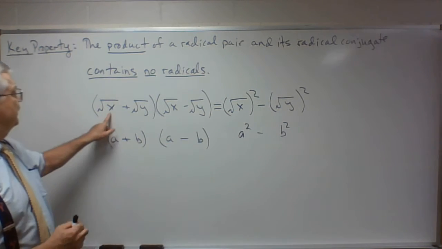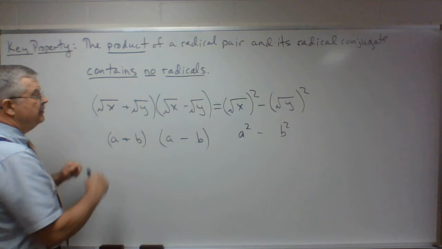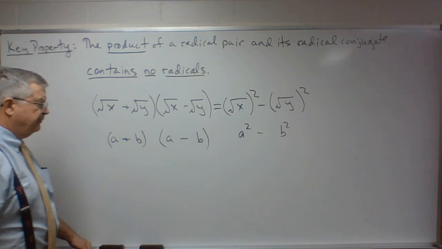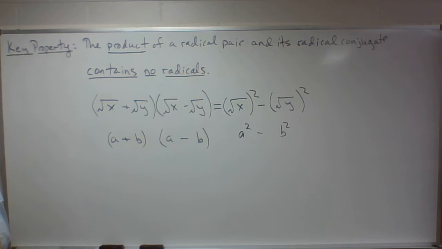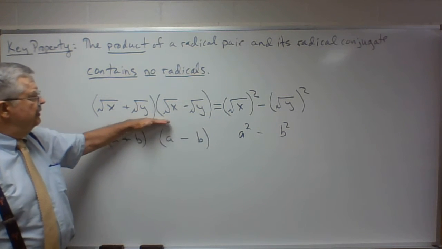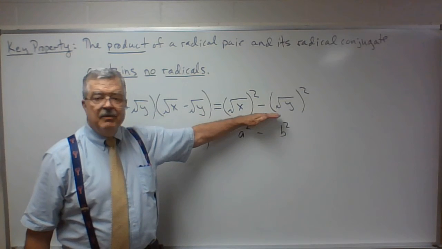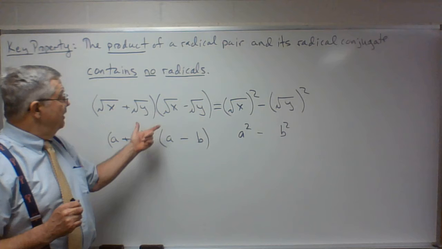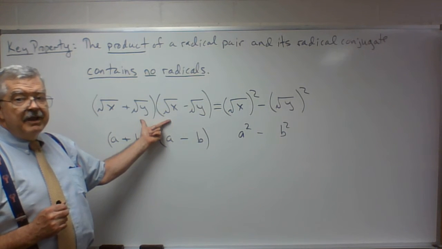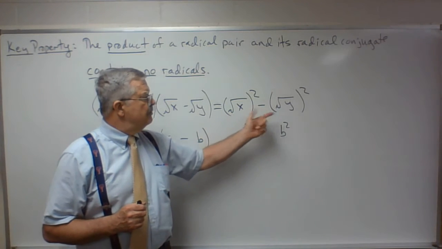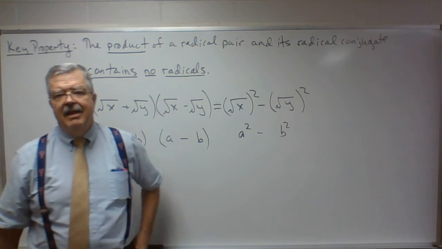It's the first thing plus the second thing times the first thing minus the second thing. Now, I just showed you this to justify that this thing is equal to this thing and that we should recognize it because this is the factorization of the difference of perfect squares, and here are the perfect squares.